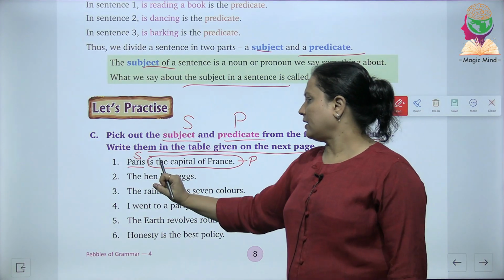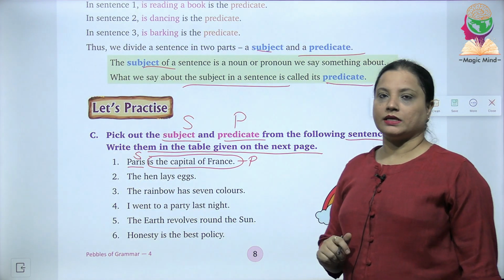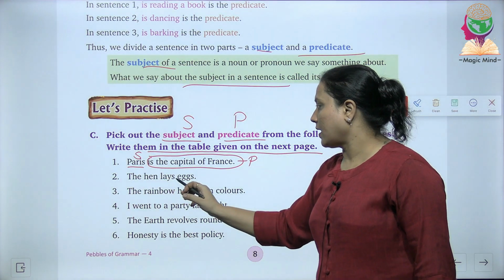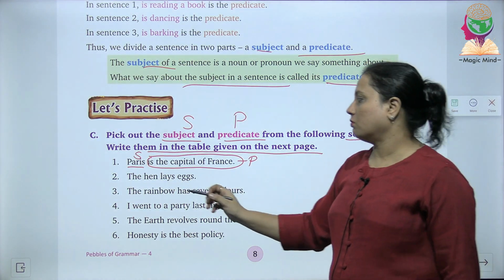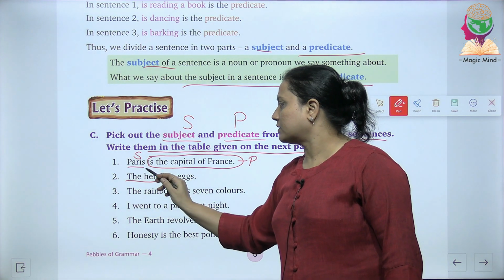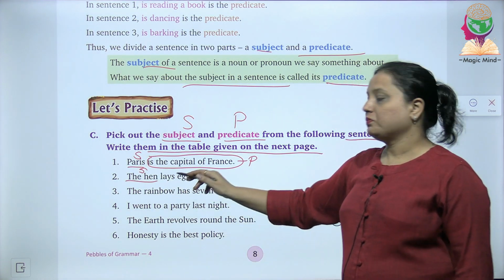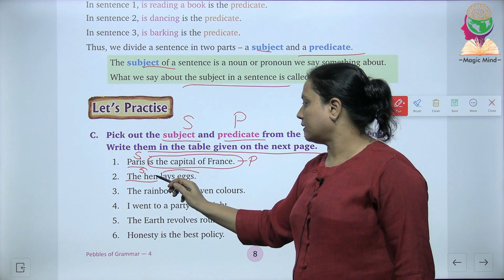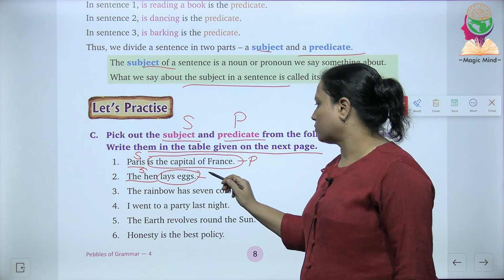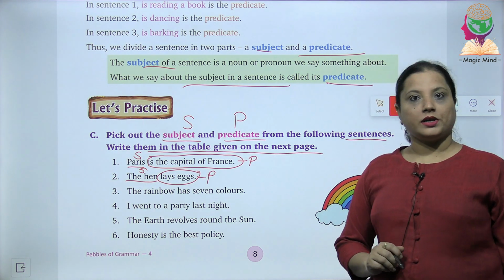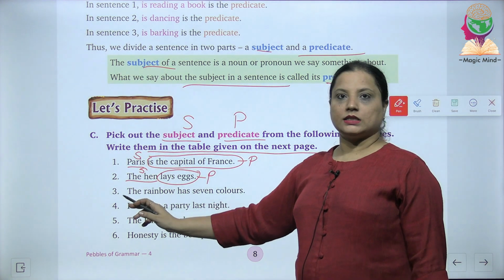Clear? Then we come to the second sentence. The hen lays eggs. So we are talking about the hen. This is the subject, and the leftover part, that is lays eggs, is the predicate.